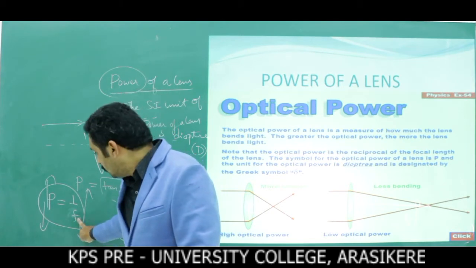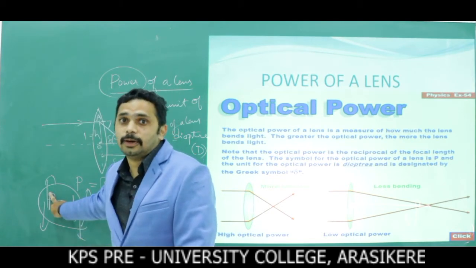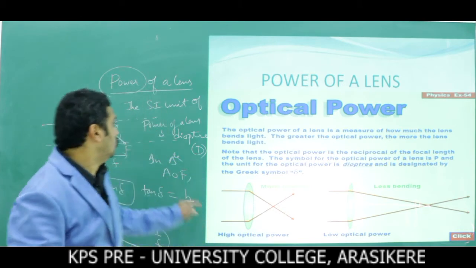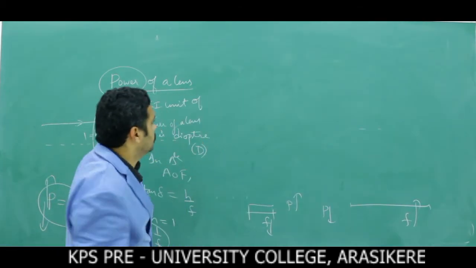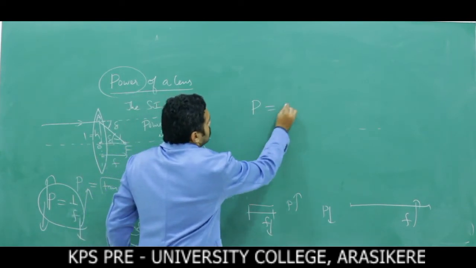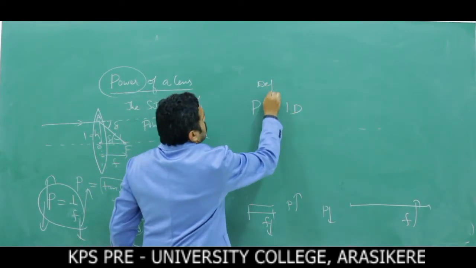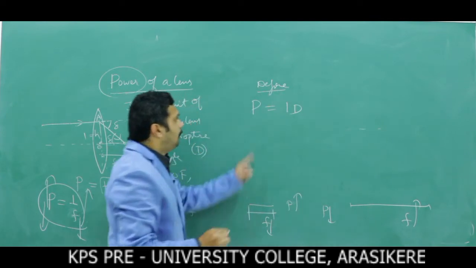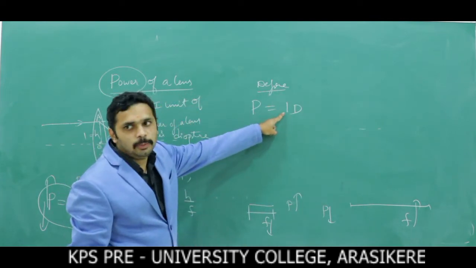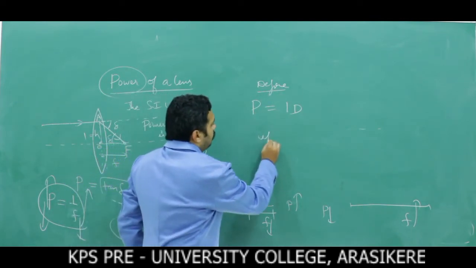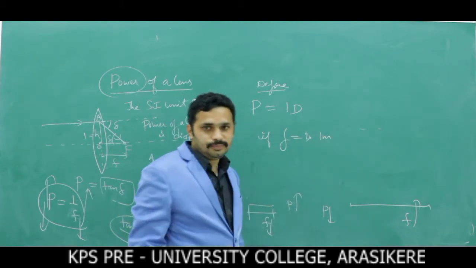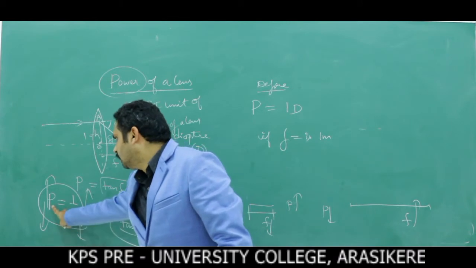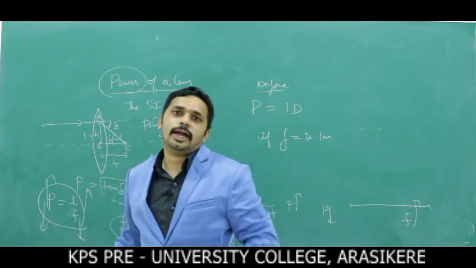Focal length must be in meter, then power comes in diopter, which is very very important. Now define one diopter. P is equal to 1 diopter. The power of a lens is said to be 1 diopter if the focal length is 1 meter.